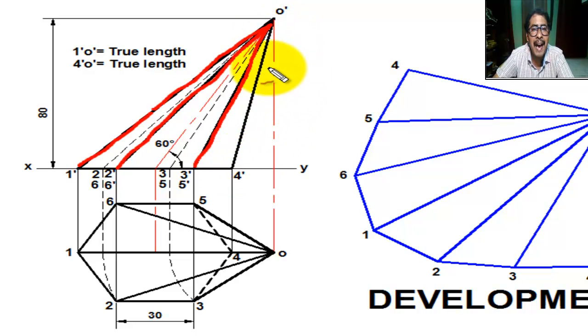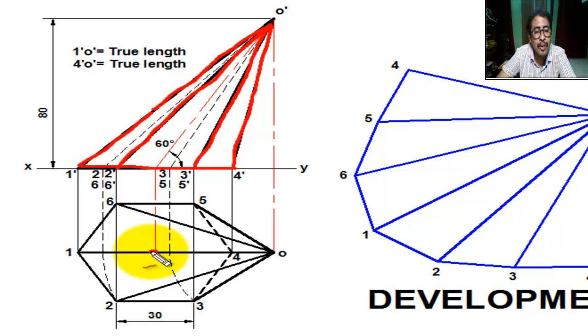Join 4 dash and O dash. Join 1 dash and 4 dash. This is the elevation of the hexagonal pyramid, oblique pyramid.